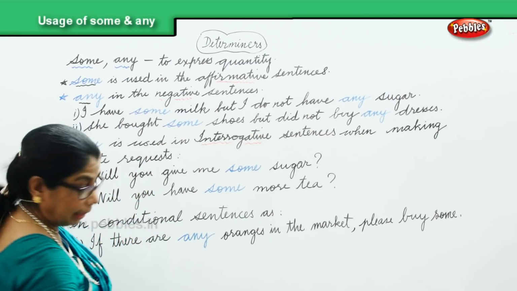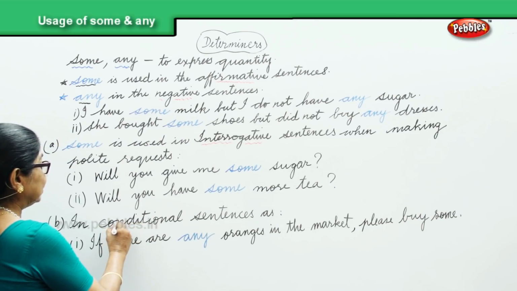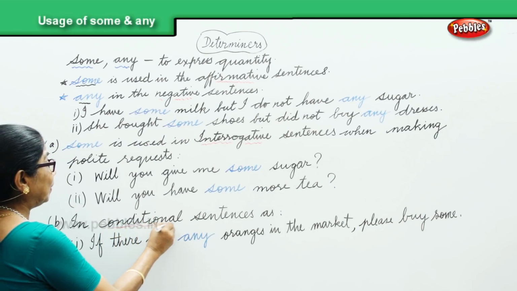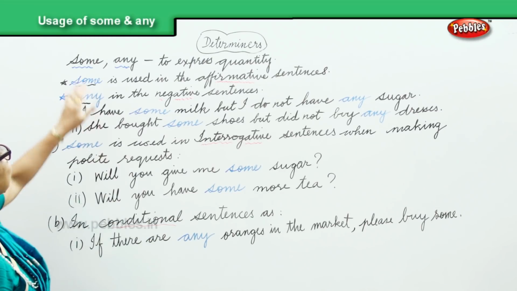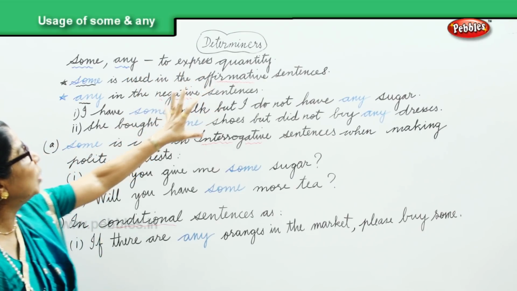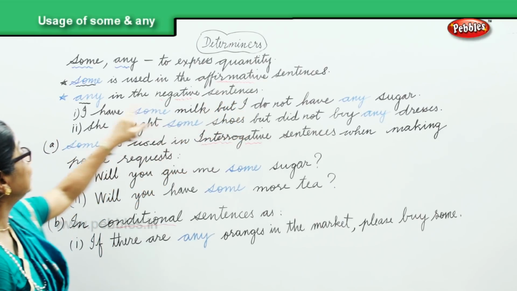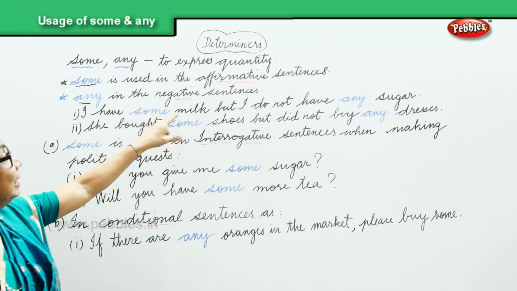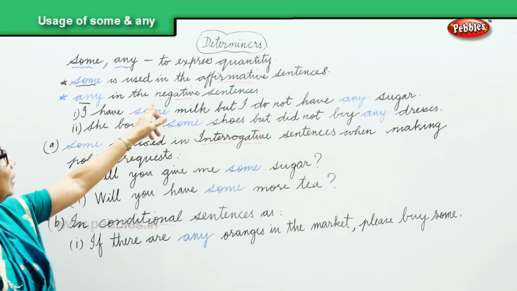Now, what are we looking at? Here, in the conditional sentence, if there are any oranges in the market, buy some. Here some and any are used, and they express quantity. Some is used in affirmative sentences, any in negative sentences. I have some milk, but I do not have any sugar.